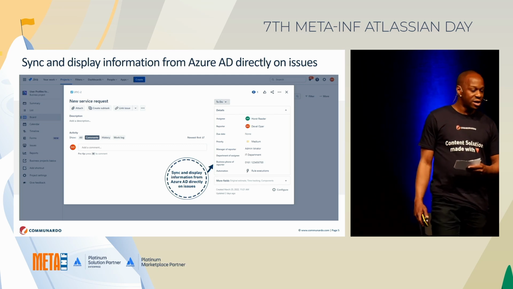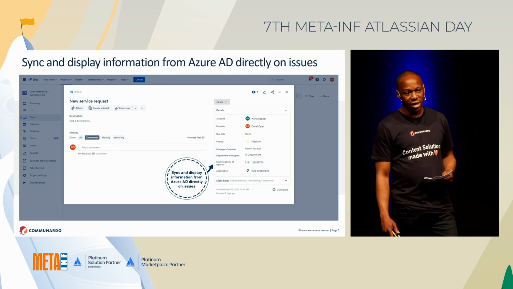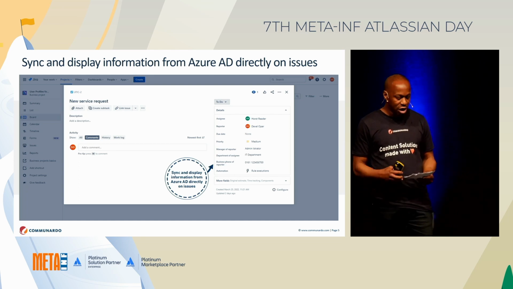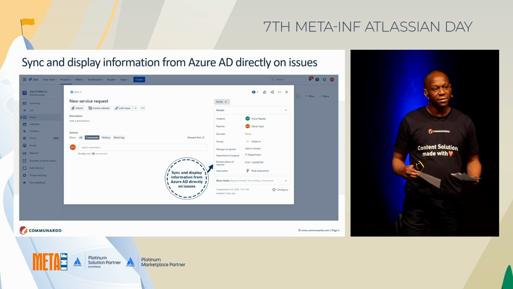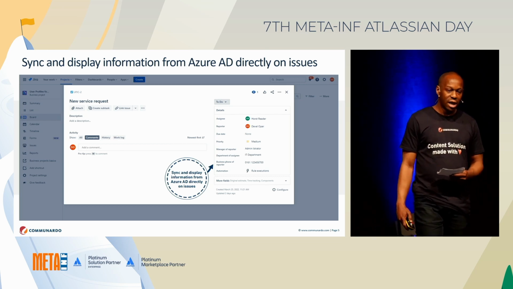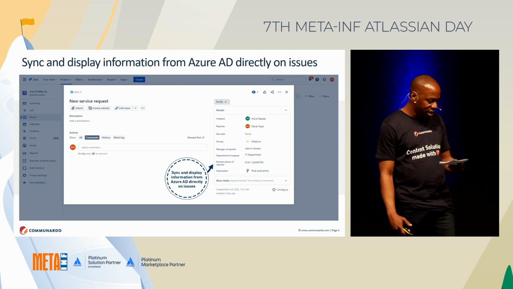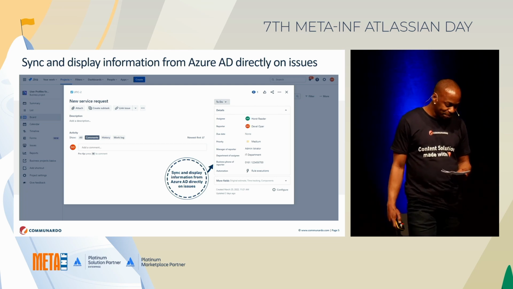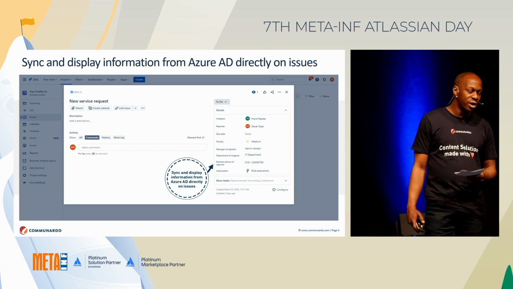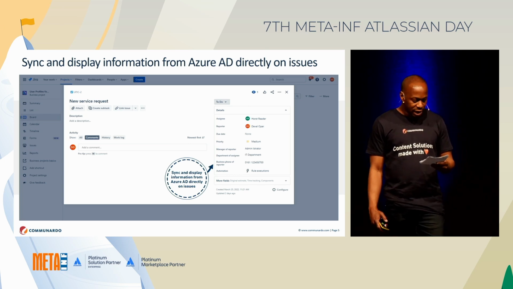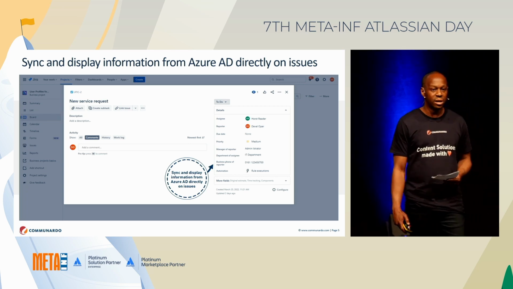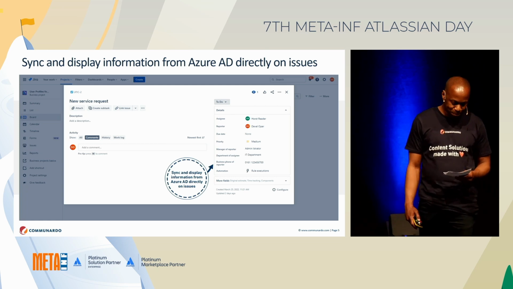With user profiles for Jira, you can sync and display information directly from Azure AD onto your Jira issues. You can add all the relevant information, for example, location, department, and of course, any additional information that you'd like to add. You can enhance your profiles, and improve and quicken your workflows by adding additional data, and of course, automating different processes within your Jira issues.